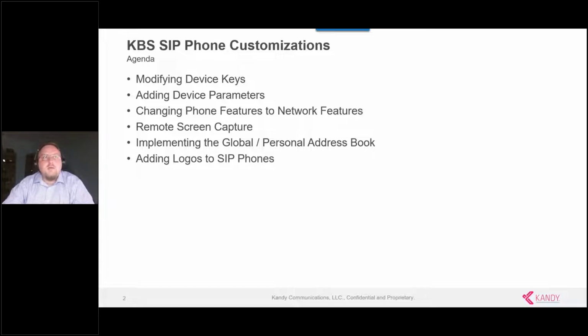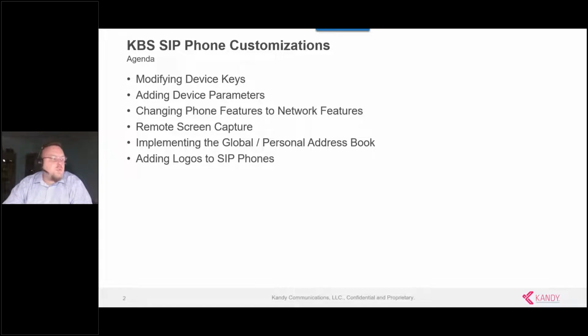We're going to talk about some troubleshooting tools. Remote screen capture is a very beneficial tool that you guys can use, so we'll talk about how to implement that. We'll also talk about adding in global address books and personal address books to the phone so that they are all synced with what you have in the KBS admin portal for these customers.